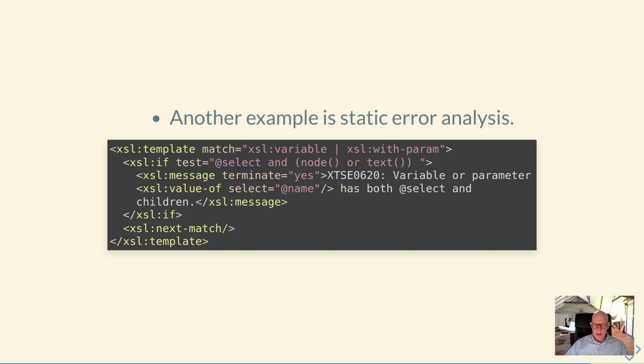If it includes both, if this and is true, then we can do an xsl:message, terminate the process, and output this error message, XTSE0620, and then the variable or parameter name, has both @select and children, which is what we don't want. If it doesn't match, then we just move on to the next match, which is the identity transform.